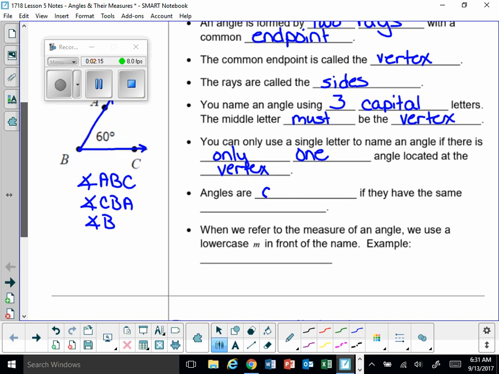Angles are congruent if they have the same measure. Remember that angles are measured in degrees, and you need a degree symbol when you write down an angle measurement. When we refer to the measure of an angle, we use a lowercase m in front. So again, looking over here to the left side, I would say the measure of angle ABC equals 60 degrees.